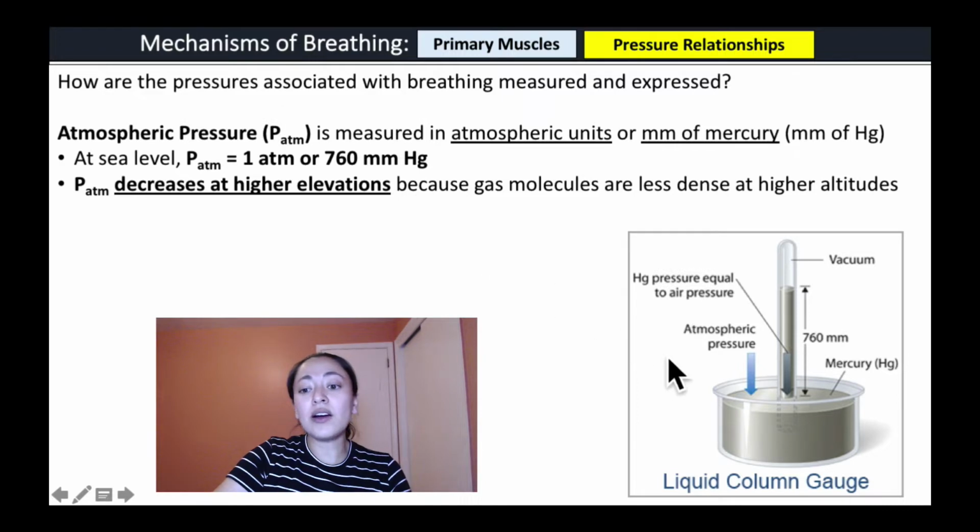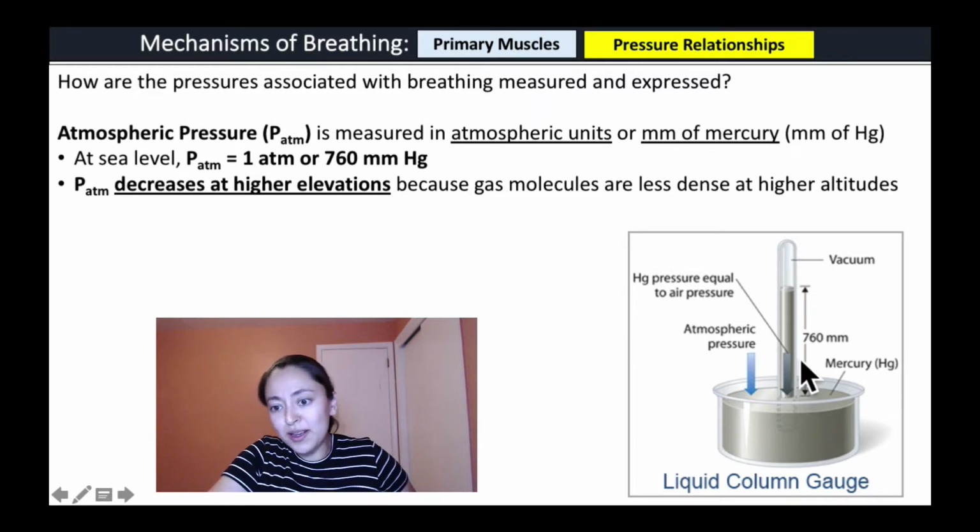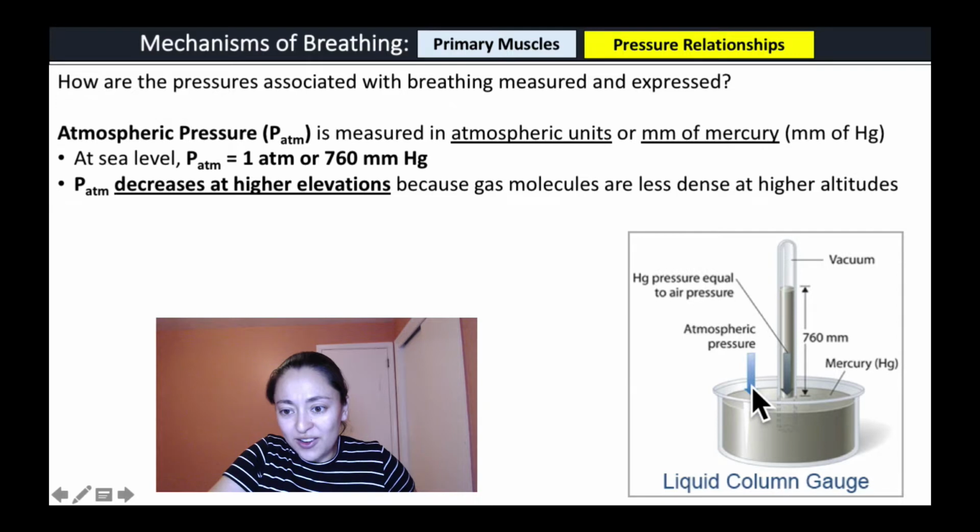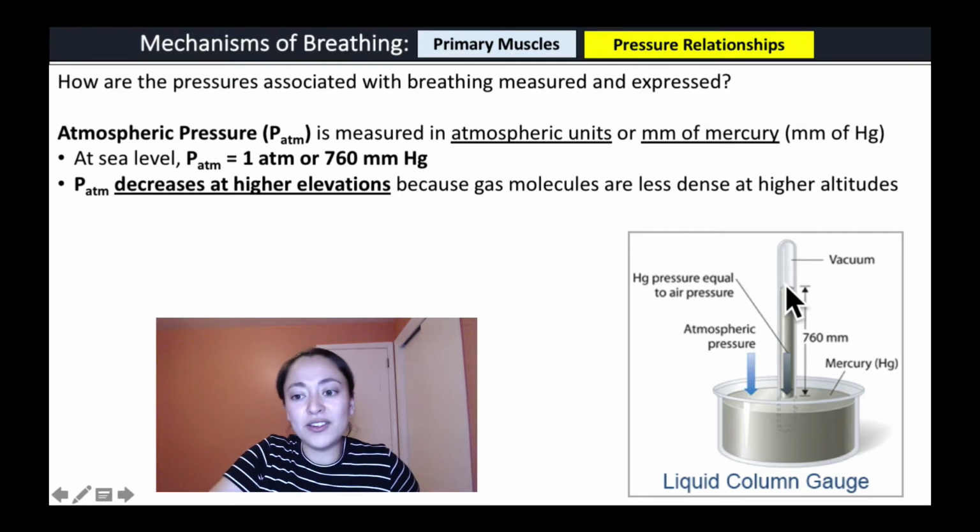The way that we've calculated that is you get some type of tube and put it into a container of mercury. The atmospheric pressure pushes down on that, and it would actually cause the mercury level in the tube to rise up 760 millimeters. And so that's how we can measure the amount of pressure from the air being pushed down.